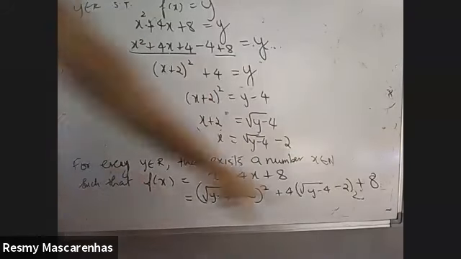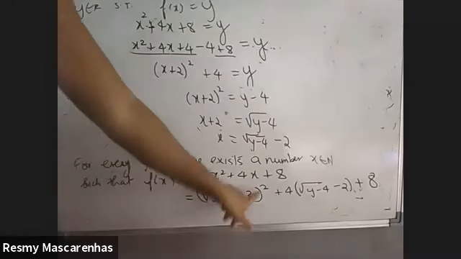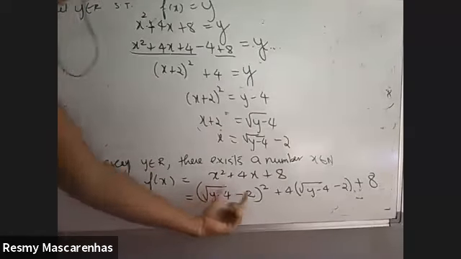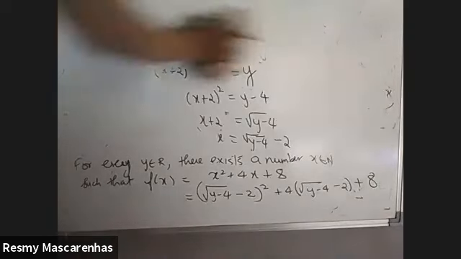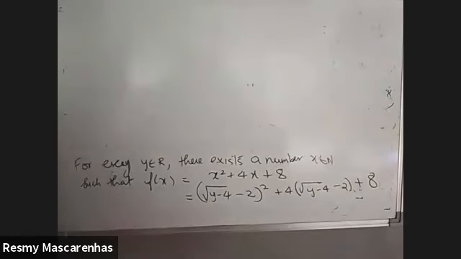Okay, and now simplify. This is in the form of a minus b the whole square. Instead of a, who is there? Root of y minus 4. Yes, so you can try the second one if you have finished the first. Same way, I have to simplify this.